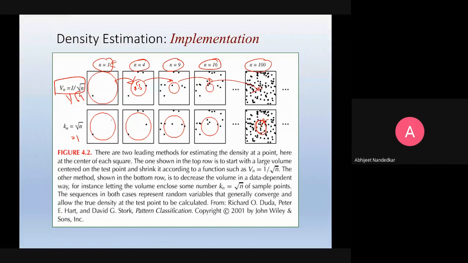I need to grow this volume such that one sample appears within it. Now if I put n equal to 4, Kn equals square root of 4, that is 2. So I am in search of two samples. Here you can see there are two samples, and I should grow this window such that two samples are incorporated.